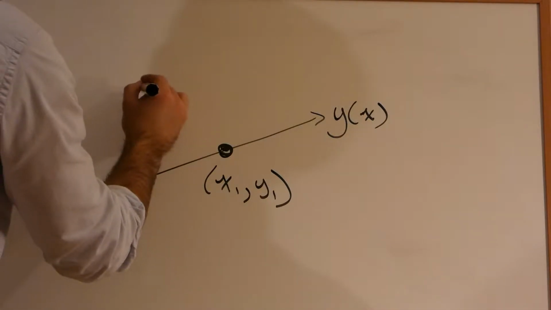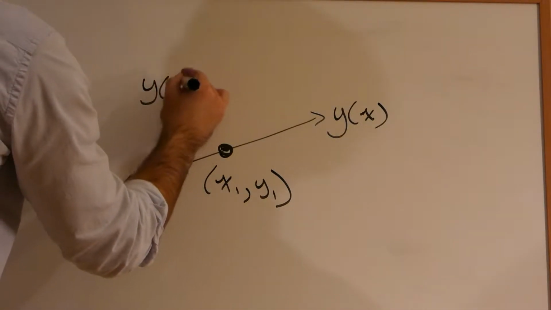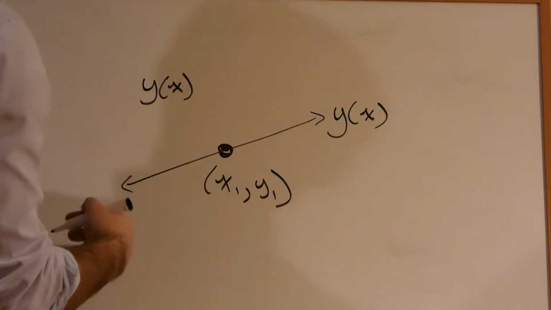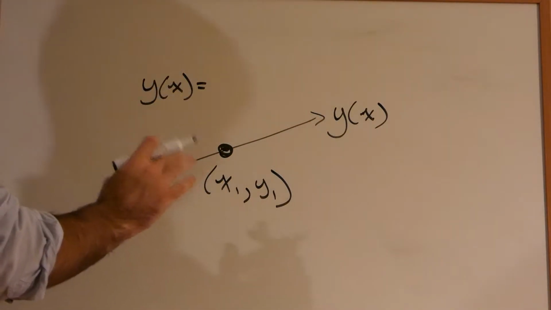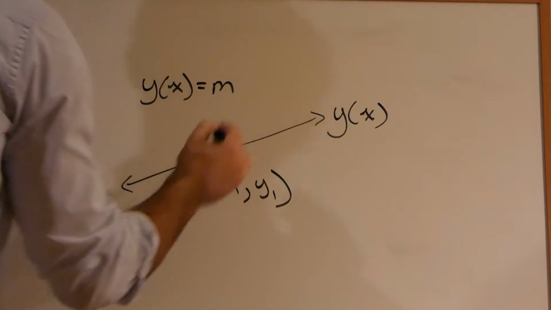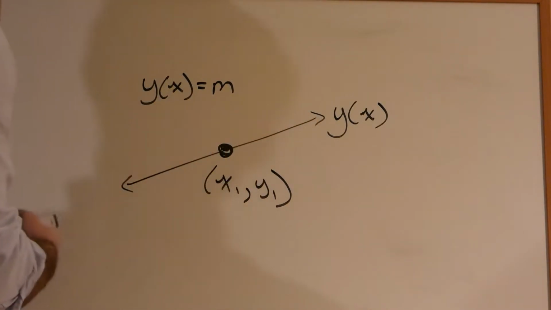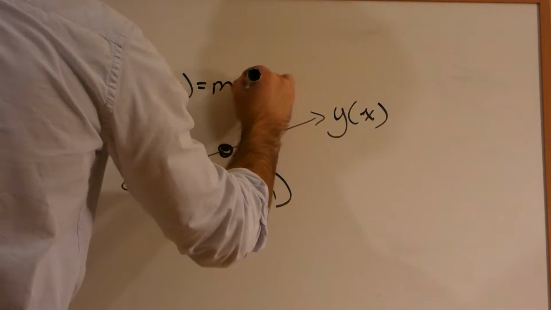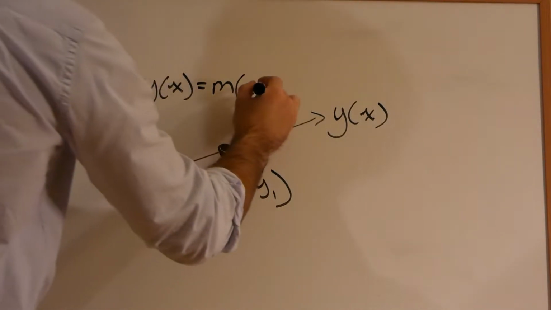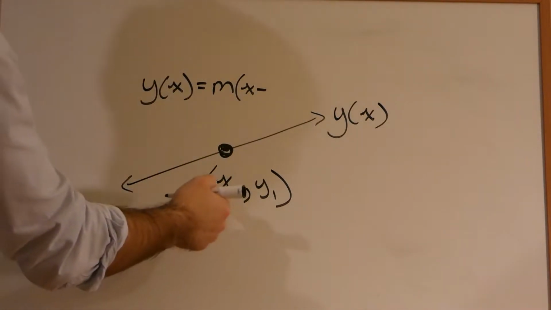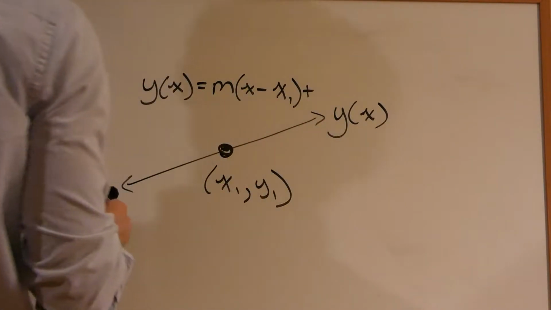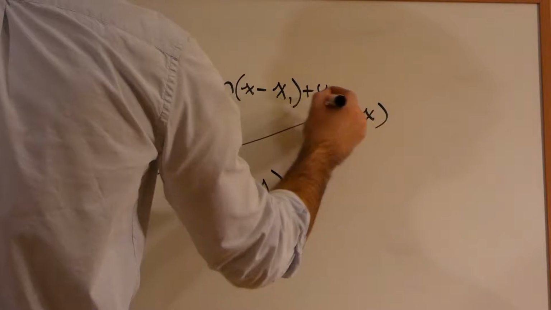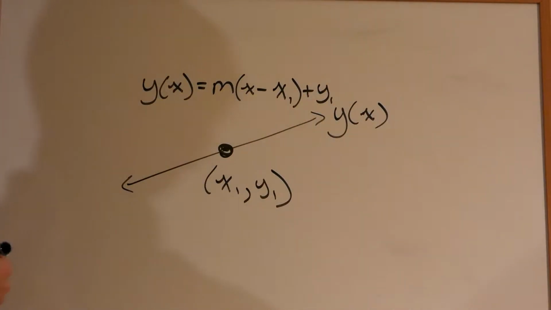If we're wanting to write an equation of this function, an equation has an equal sign. What we do is we write it as m, the slope of this line, times x minus our x coordinate, plus whatever our y coordinate is of that point right there, plus y1.